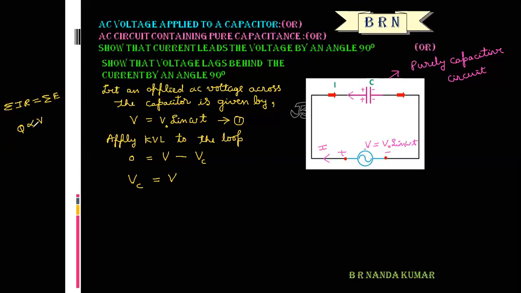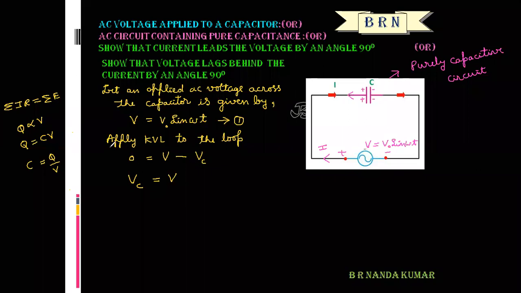It means Q is directly proportional to V. Q is equal to CV, and C is equal to Q by V. What is the meaning of C? That is the capacity of the capacitor, the measure of the ability of the capacitor to store electric charge.